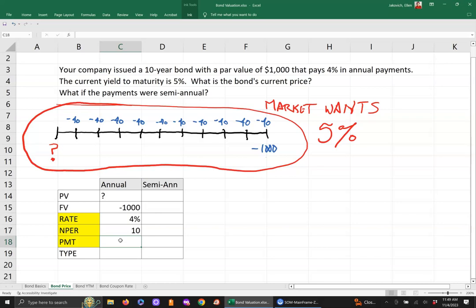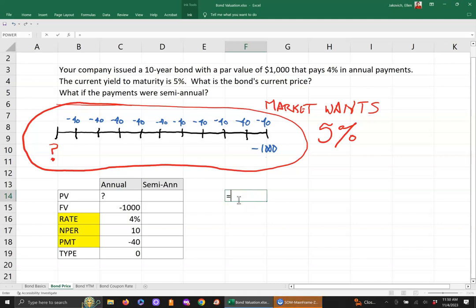So 4% of $1,000 is $40, and it is an outflow from us, the company, so it's -40. And on bonds, its type will always be 0. So let's solve for this. We're going to put in whatever we're trying to solve for in Excel, and we're solving for present value.